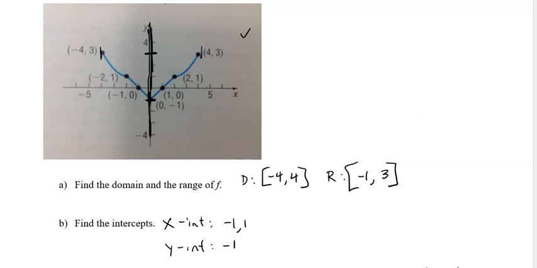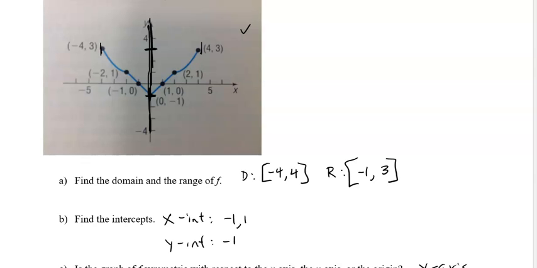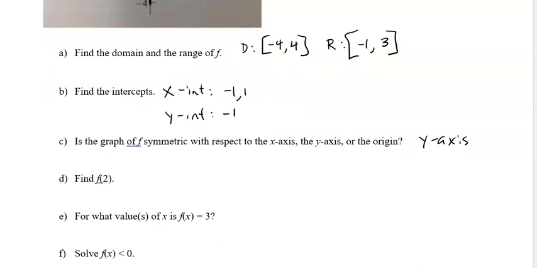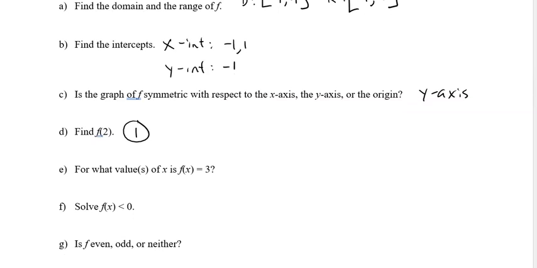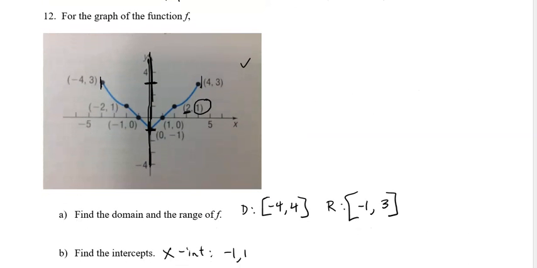Find f of 2. So let's find the point on this graph that has an x-coordinate of 2, and f of 2 then would be 1. It's the y value. For what values of x is y equal to 3? You can always think of f of x as y. So let's see, do we have any ordered pairs that have a y of 3?